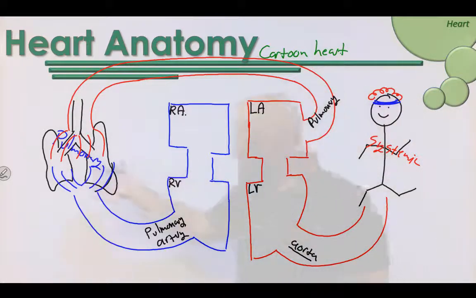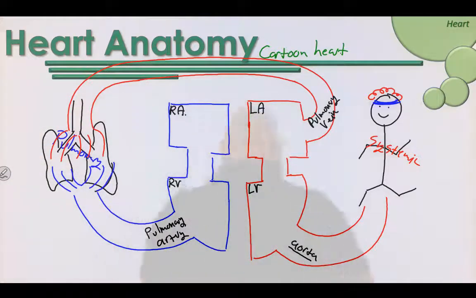It's the pulmonary circuit to the lungs, pulmonary artery, pulmonary veins. The pulmonary veins then empty into the left atrium. And that's the function of the atria. They are receiving chambers. Ventricles are discharge chambers. Atria are receiving chambers.